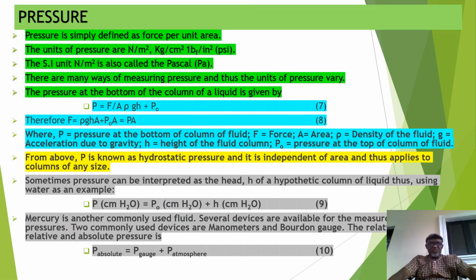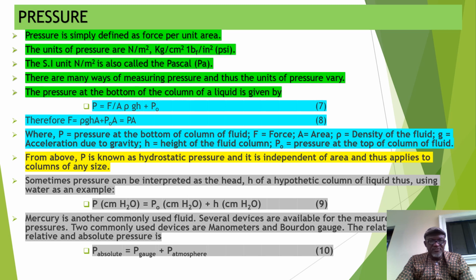Another parameter is pressure. Of course, we have defined pressure before as force per unit area. And look at the units: Newton per meter squared, pound force per square inch, which is the one you most encounter in companies, PSI, pounds per square inch. You'll just be hearing PSI, PSI, PSI. And of course, we also have Newton per meter squared, which we also call the Pascal. There are many ways of measuring pressure.